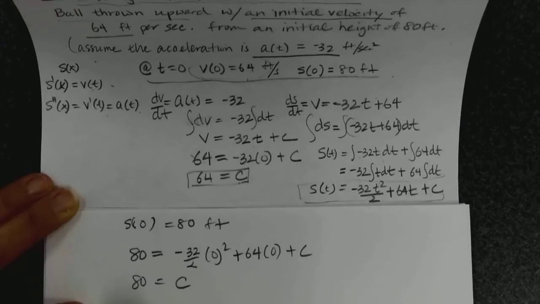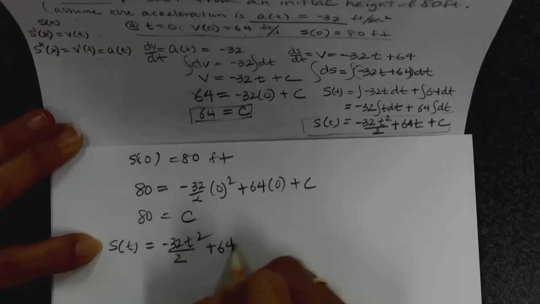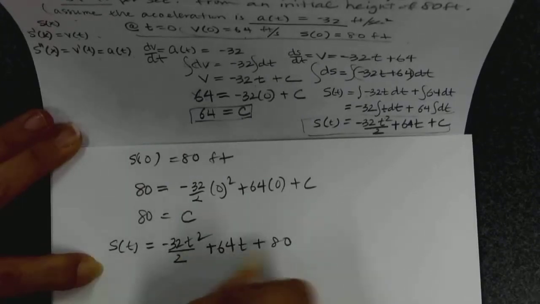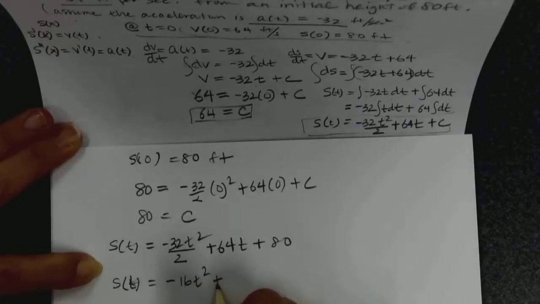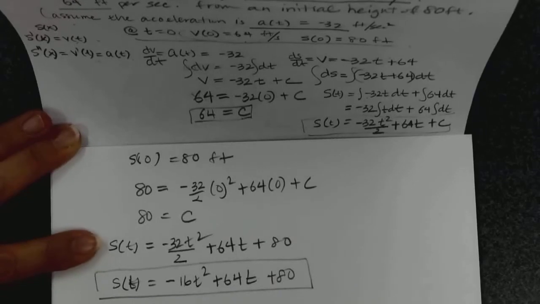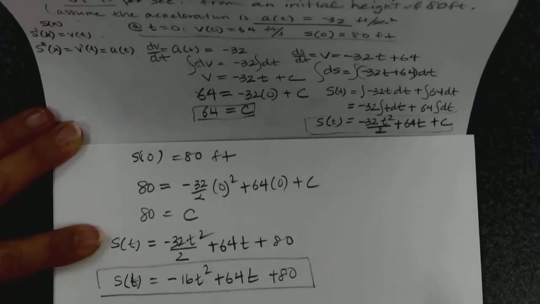So a particular position function will be negative 32t squared over 2 plus 64t plus 80. If I simplify this, the position function is negative 16t squared plus 64t plus 80. And this is a particular solution for the position function given the acceleration of negative 32 feet per second squared.